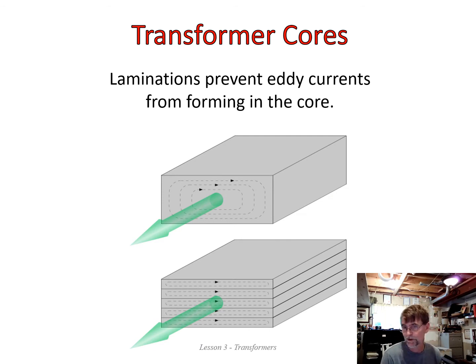The top picture is just one big hunk of steel, and we can see currents going all the way around through the entire thing. When we slice it into smaller pieces, we still see those currents, but now they're much smaller. So we cannot eliminate the effect of eddy currents. We can't make it go away entirely. But by laminating it, by thinly slicing the core, we can minimize the effect, and that minimizes the heat generated by those eddy currents, and it maximizes the efficiency of the transformer.